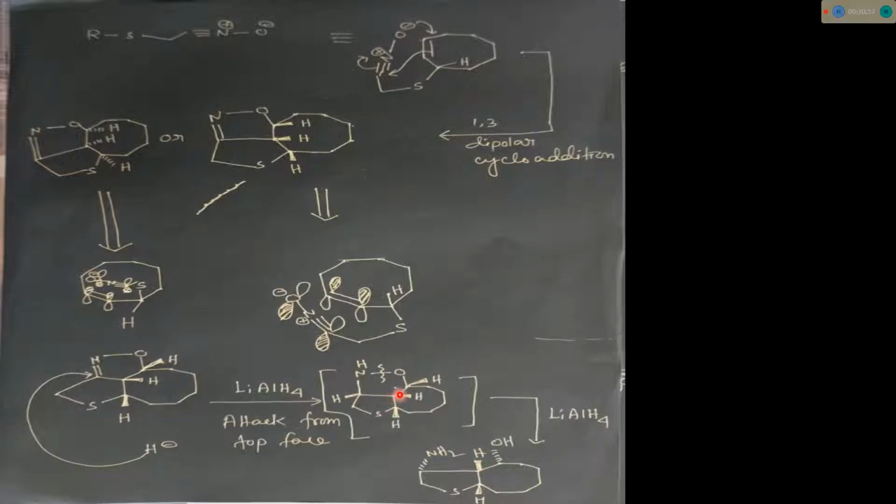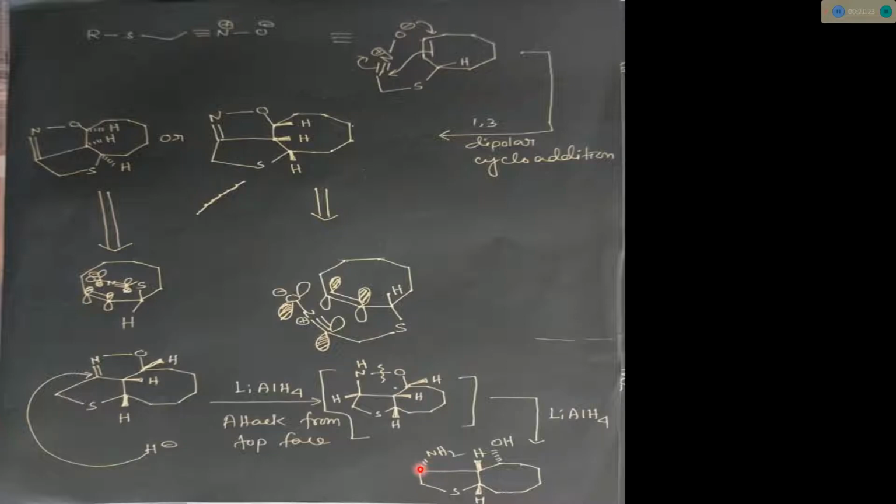So the ring junction hydrogens are cis but above the plane. This hydrogen is above, which means this OH should be below. That's why we are showing OH, not mentioning the stereochemistry of the hydrogen on that carbon. We just mention the stereochemistry of OH below, meaning obviously the hydrogen should be above. Same case here, this hydrogen is above, meaning this NH2 should be below.